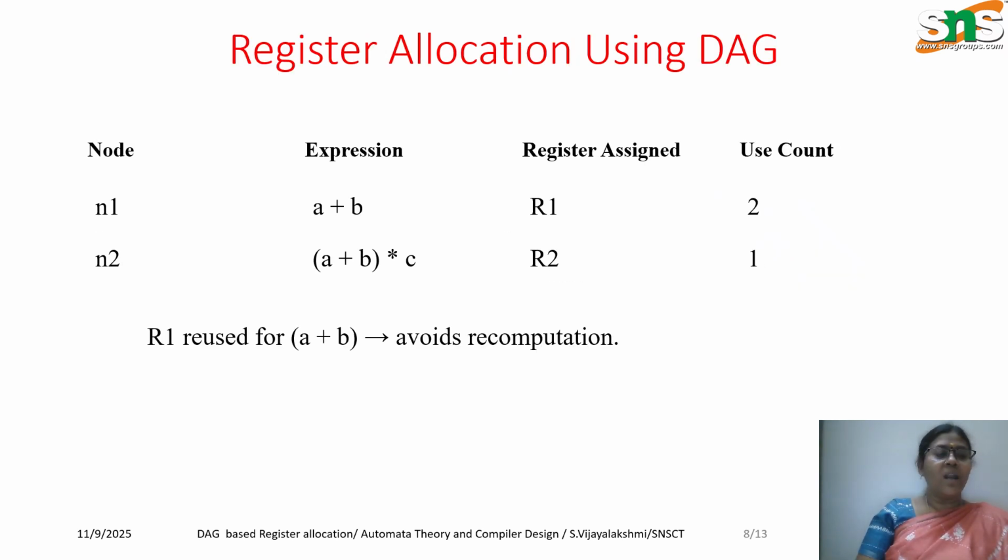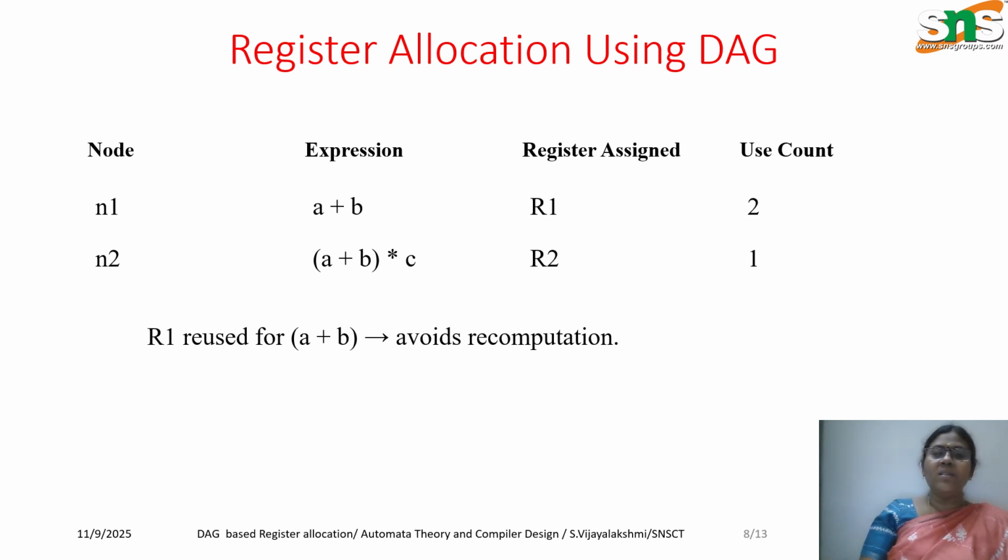Now register allocation using the tag. Once we have the tag, we allocate the registers based on how many times the node is used. For example, node N1 is A plus B, register assigned is R1, usage count is 2. N2 is A plus B into C, stored in R2, usage count is 1.